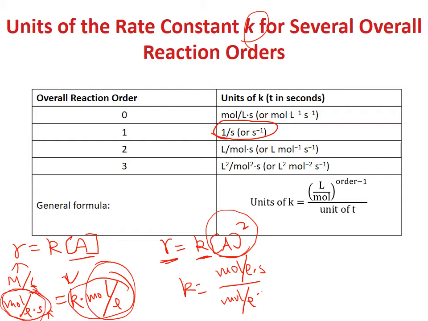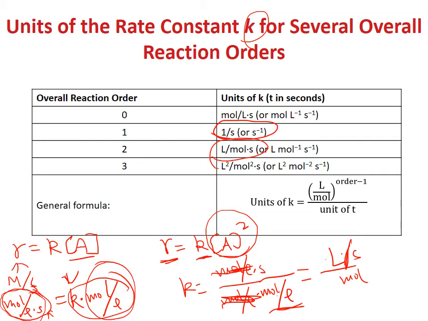So one mole per liter cancels, and you have one more to divide by. So now liter is in the numerator: liters per second per mole. So that's the second order reaction: liter per mole per second.